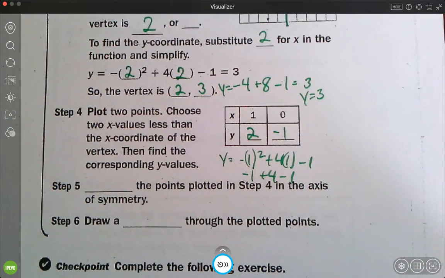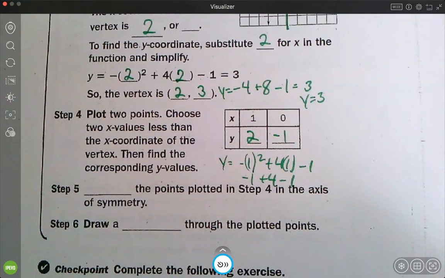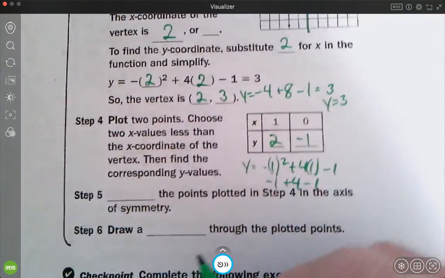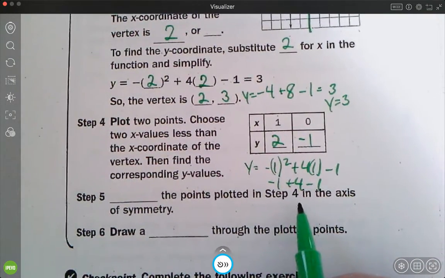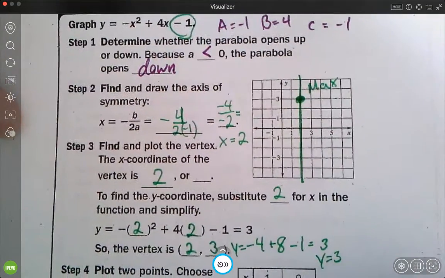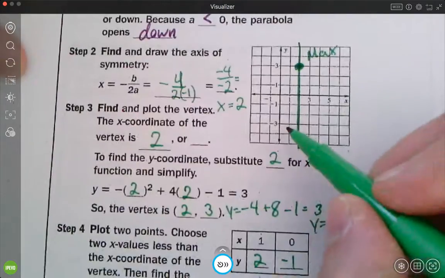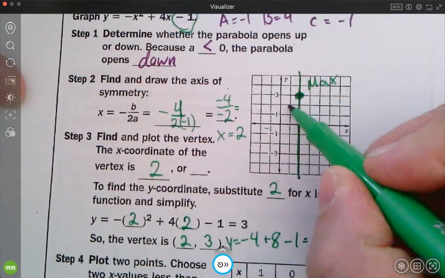Now I'm going to actually plot the points. The points from step 4, I'm going to put them on the other side. So let's plot these points. I have the coordinate 1, 2, which came from here. So 1, 2 would be here.